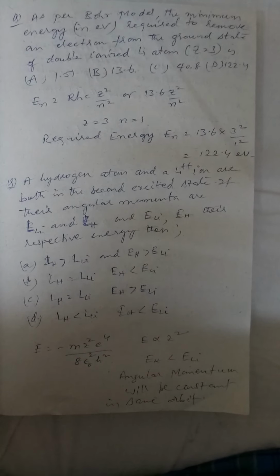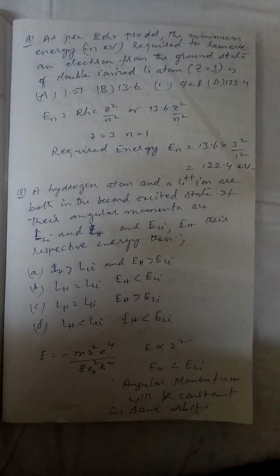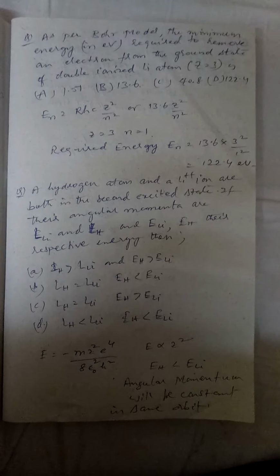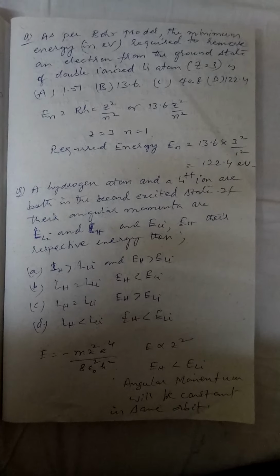Okay. Now coming to the energy expression, E is equal to minus m z square e power 4 divided by 8 epsilon naught square h square. So here m, e, epsilon and h, if you consider as constant, E is proportional to z square. If the atomic number is increasing, z is the atomic number, energy value will also increase.